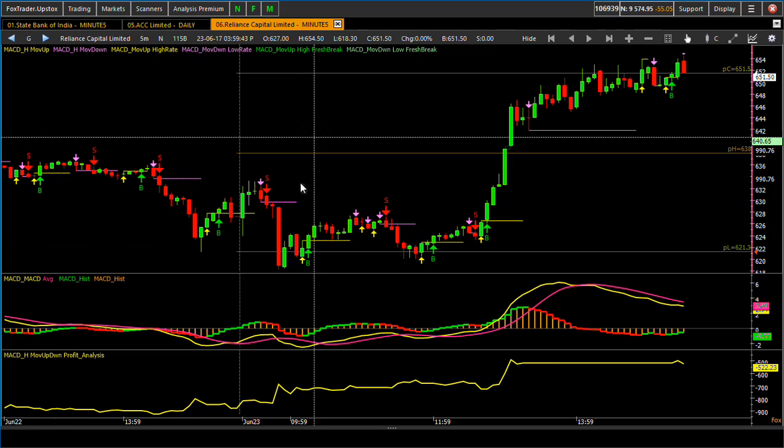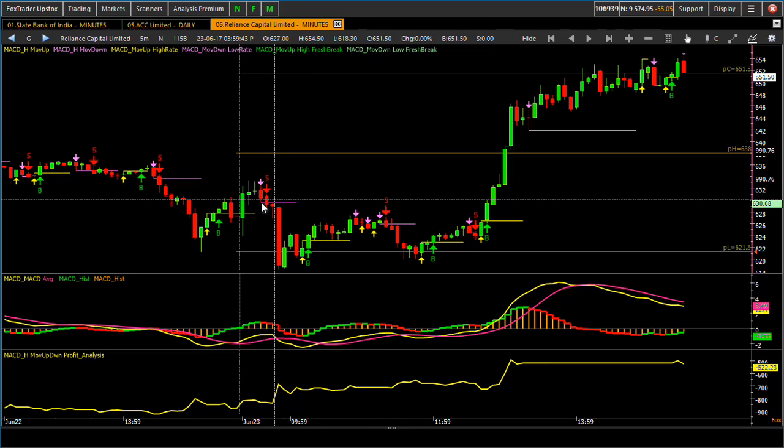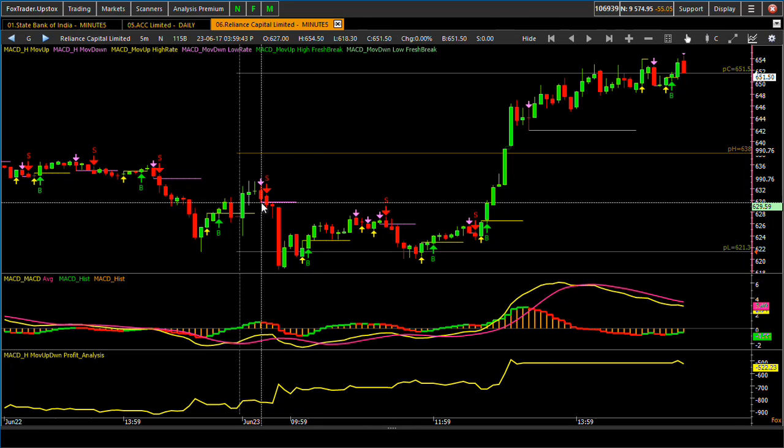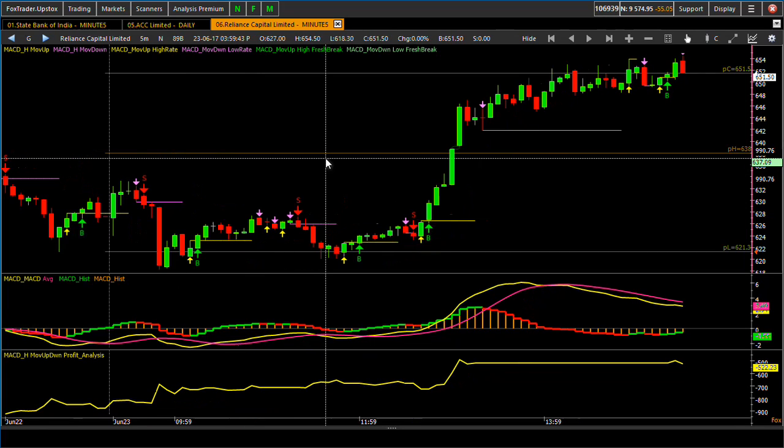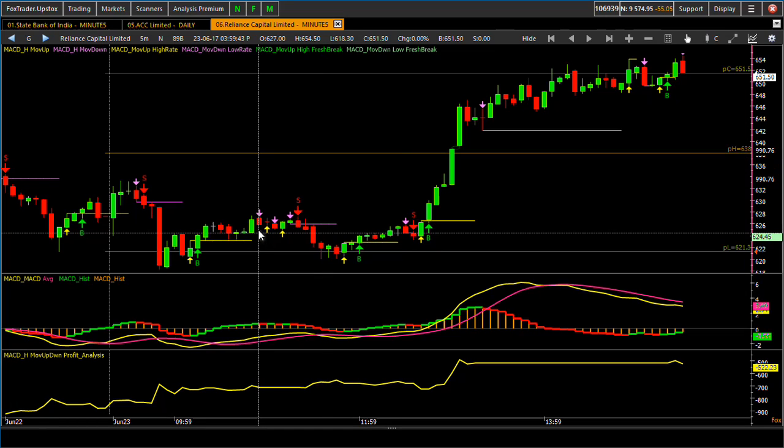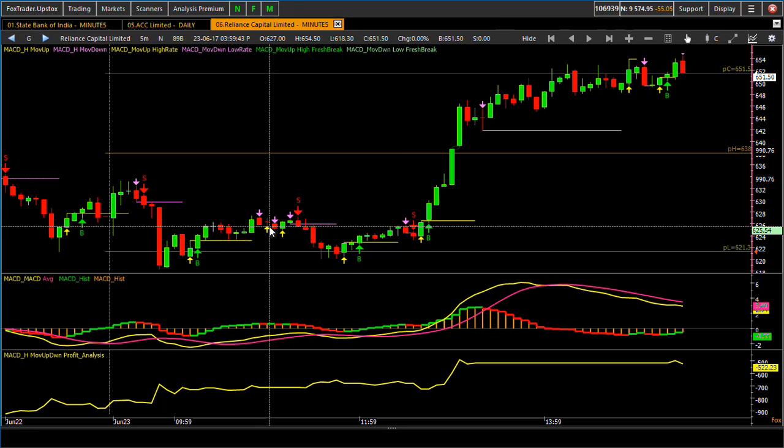So by using the simple method of confirming the signal, that when it breaks the high and low of your signal bar you would go for a call, you can avoid a lot of whipsaws in your trading system. For example, you see I got a sell trade here as per my MACD strategy, but the low of this bar was not broken.